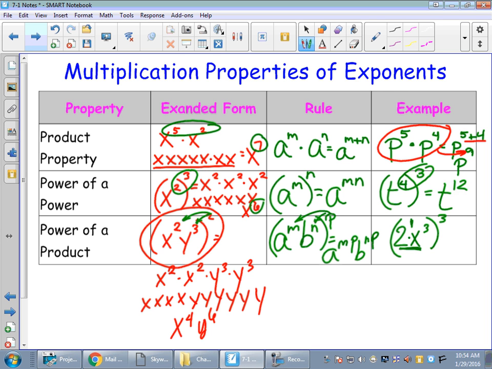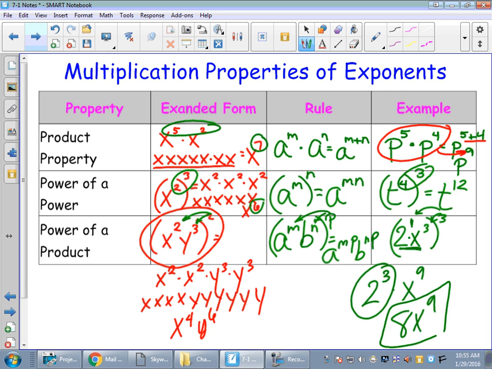It's 2 to the first. And so if I take 2 to the third times x to the 9th, I applied the cube of 2 and the cube of x cubed. 2 cubed is really 2 times 2 times 2, so we should write 8x to the 9th. Anytime you have a power of a number, you should always simplify it to a nice number.